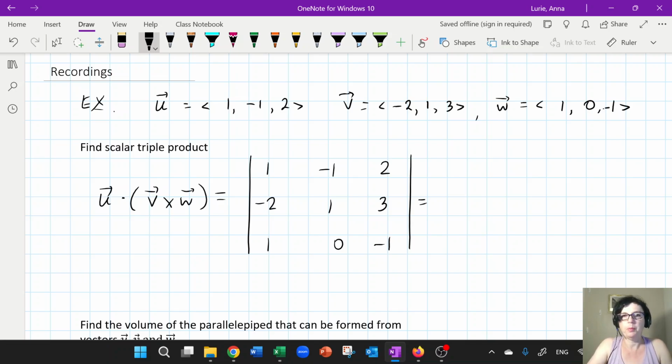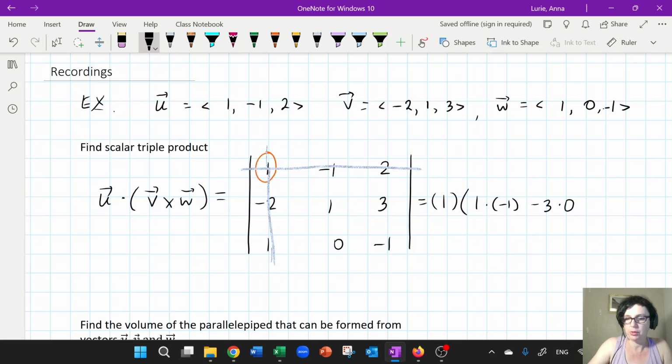Now, this is computed by, let's say, expansion over the first row. So we look at the first element right here, and then we cross out the row and the column where that element belongs to. And so we take that element, number 1, and we're going to multiply that by the corresponding determinant. So this would be 1 times -1, subtract 3 times 0.